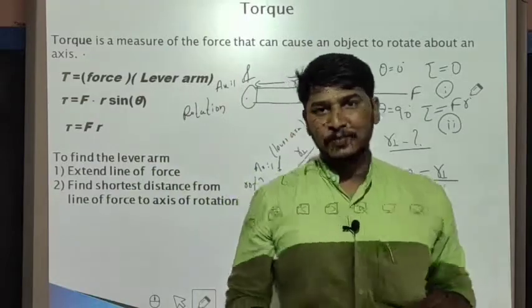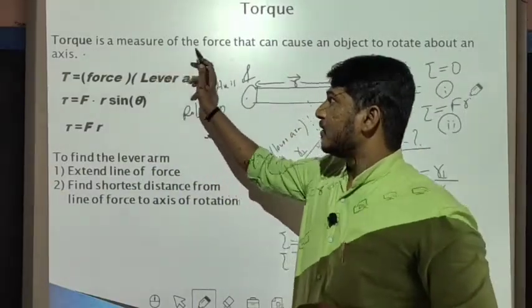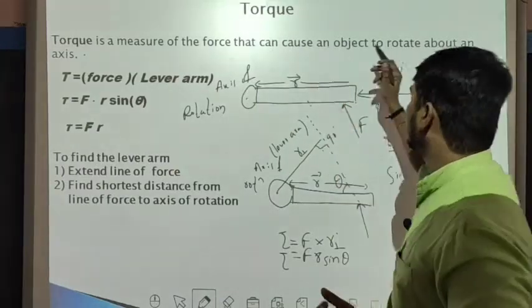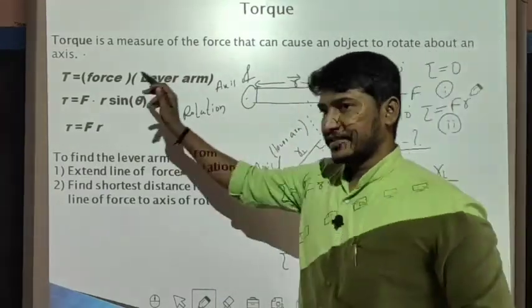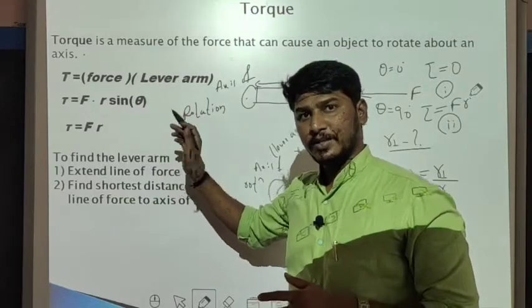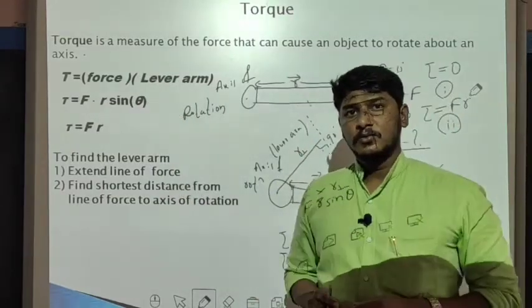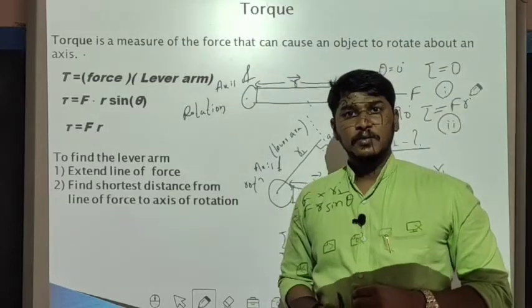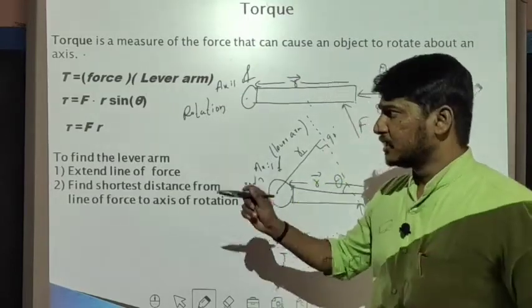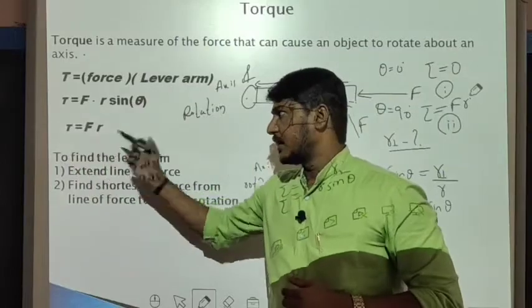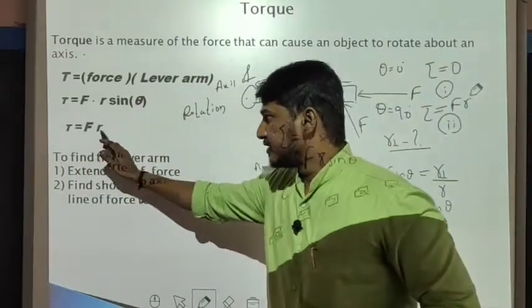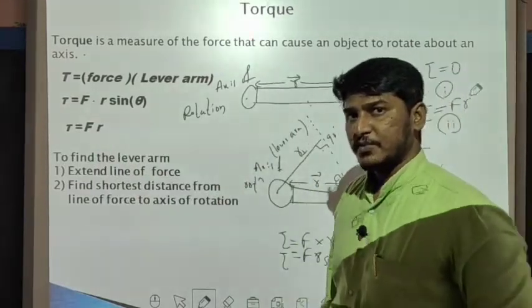This is all about torque. Torque is a measure of the force that can cause an object to rotate about an axis. The equation for torque is tau equal to force into lever arm, or tau equal to F R sine theta, or tau equal to F into R. Torque depends on force and distance vector.